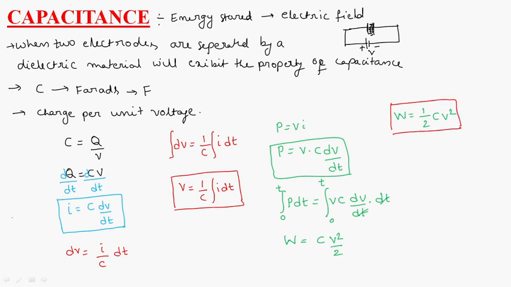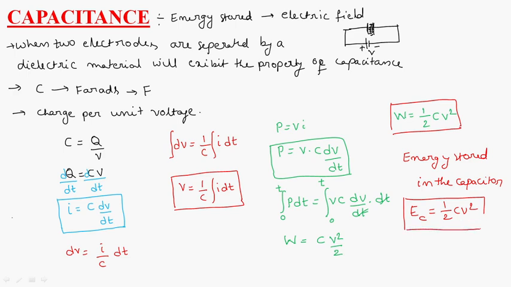So the energy stored in the capacitor is given by half CV square, which is a very important formula to solve the objectives or to solve the problems. It is very important.